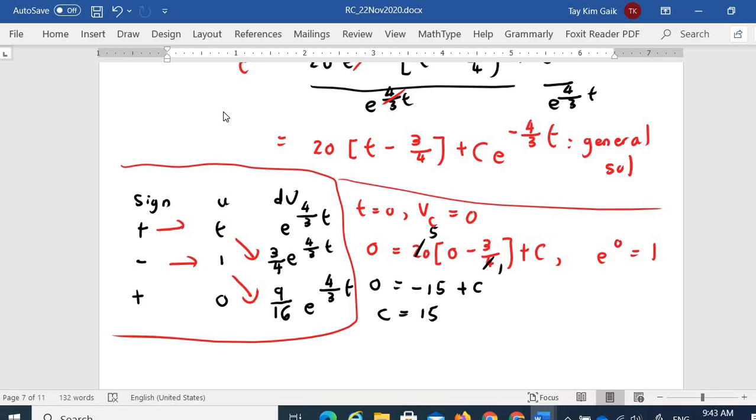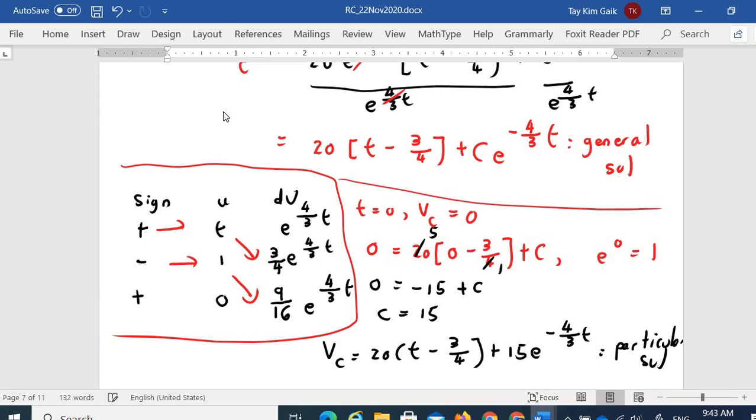So your VC is 20 times t minus 3 over 4, plus 15, times exponent negative 4 over 3t. This is the particular solution.